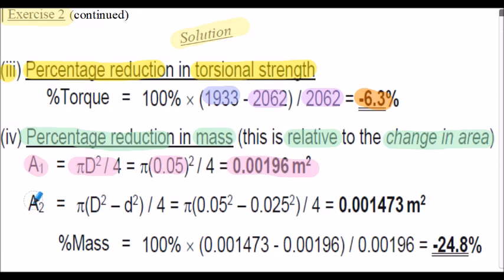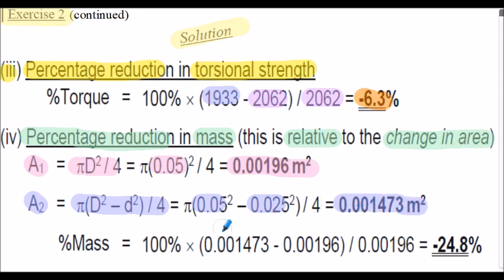Now evaluating area 2 for the hollow section shaft, using the formula for the cross-sectional area of a hollow section, inserting the outside and inside diameters, and evaluating, area 2 is 0.001473 meters squared.